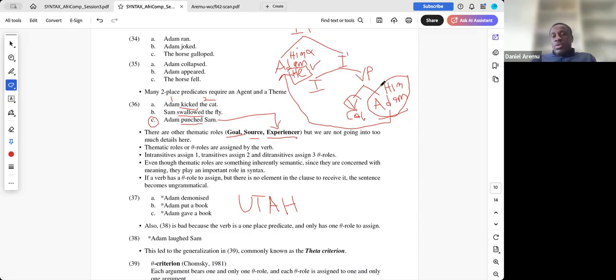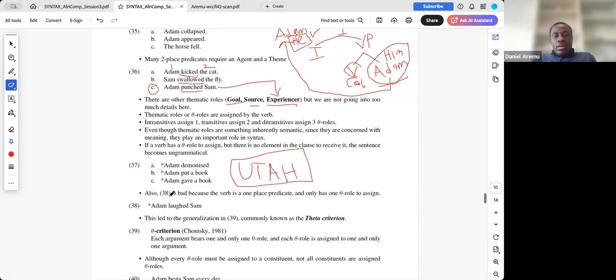But primarily, you have this position as the theme role. What UTAH does is say that our structure with respect to theta roles is not done haphazardly. It's in a way systematic, whereby certain positions are occupied by specific arguments that take specific theta roles.